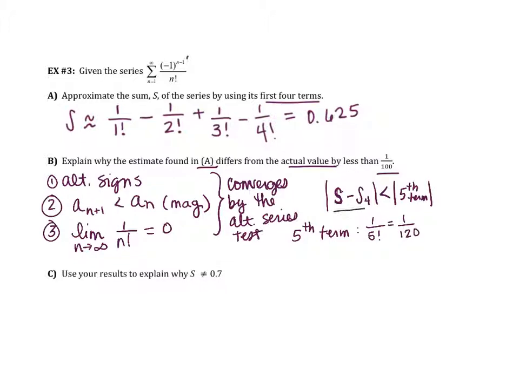So I've got to show this is less than 1 over 120. And there's that fifth term.